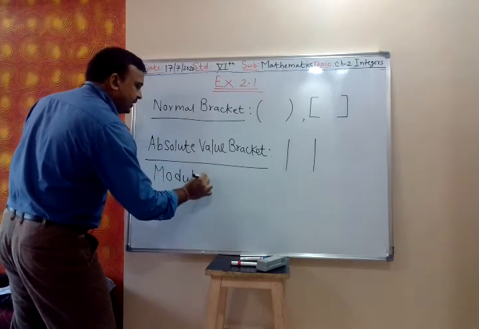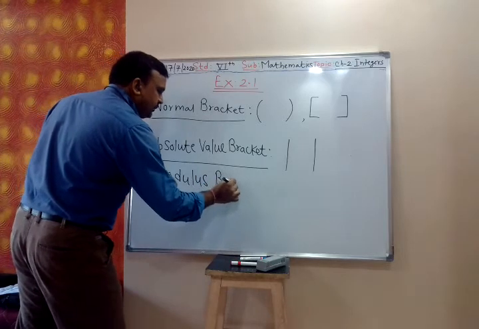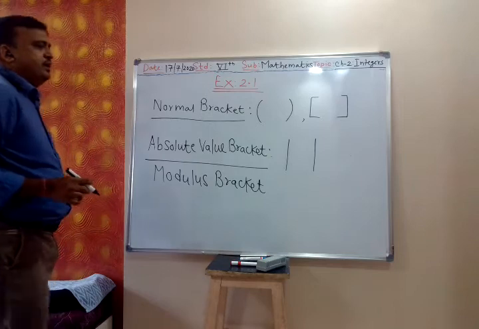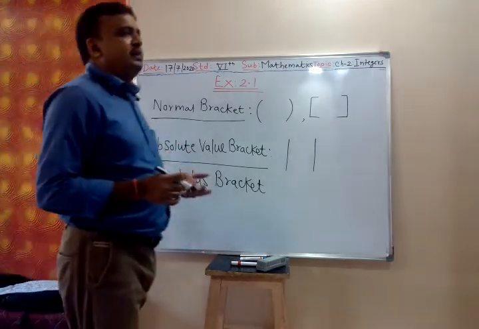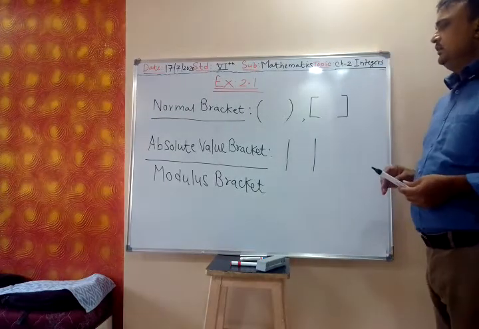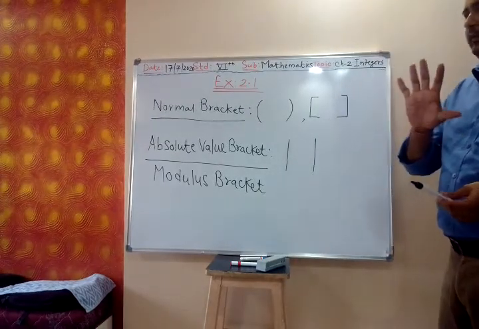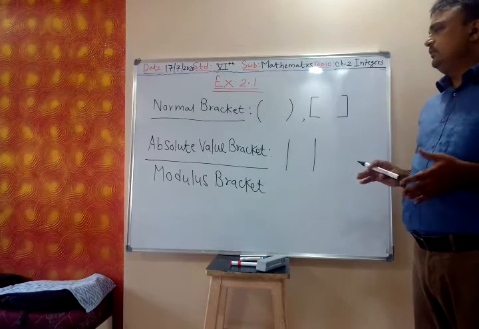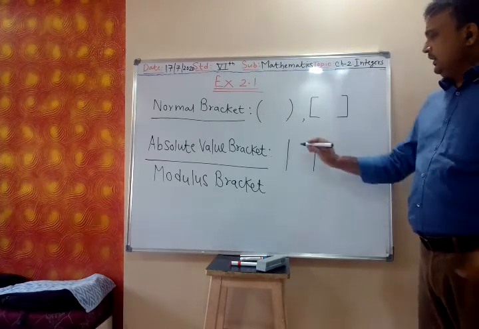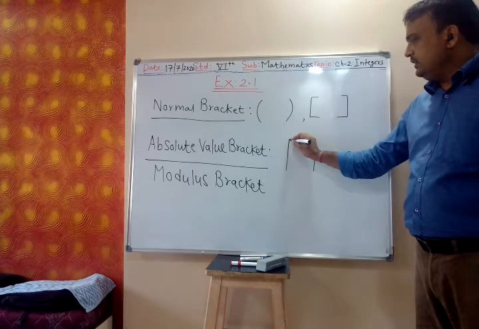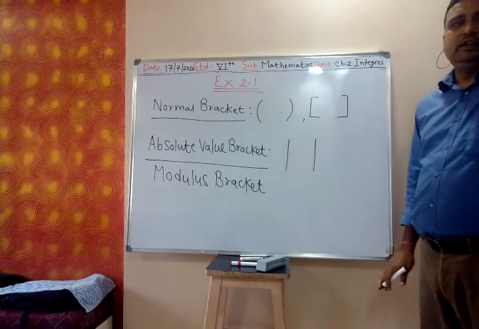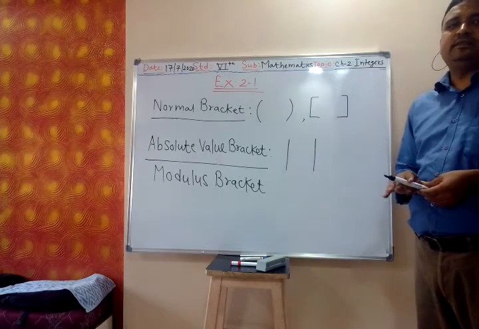Write both of these. Whether you say absolute value bracket or modulus bracket, we write the integer between two vertical lines. Two vertical lines denote absolute value bracket.